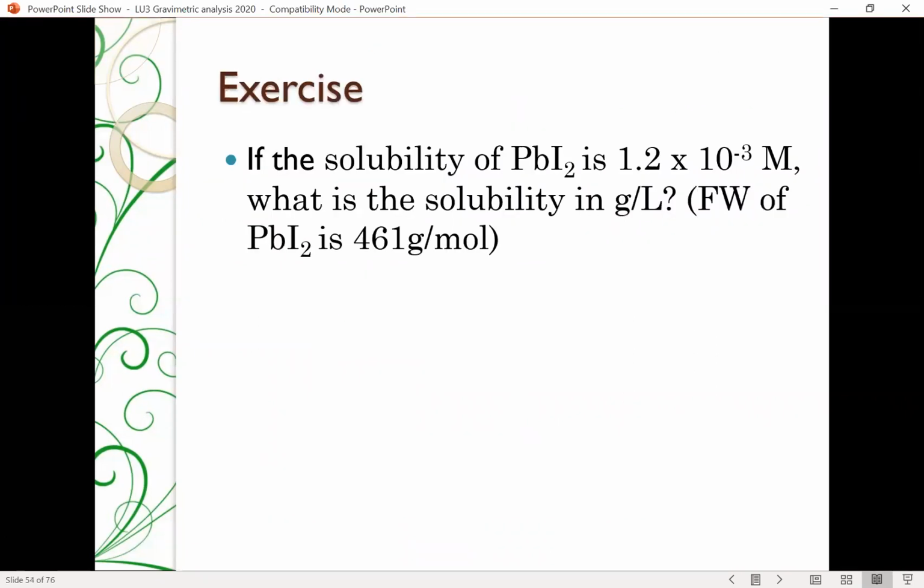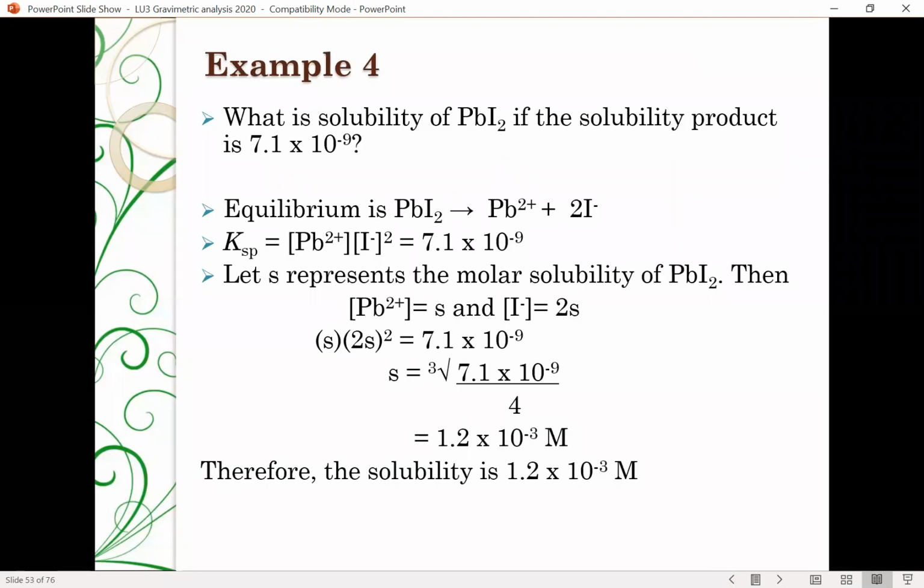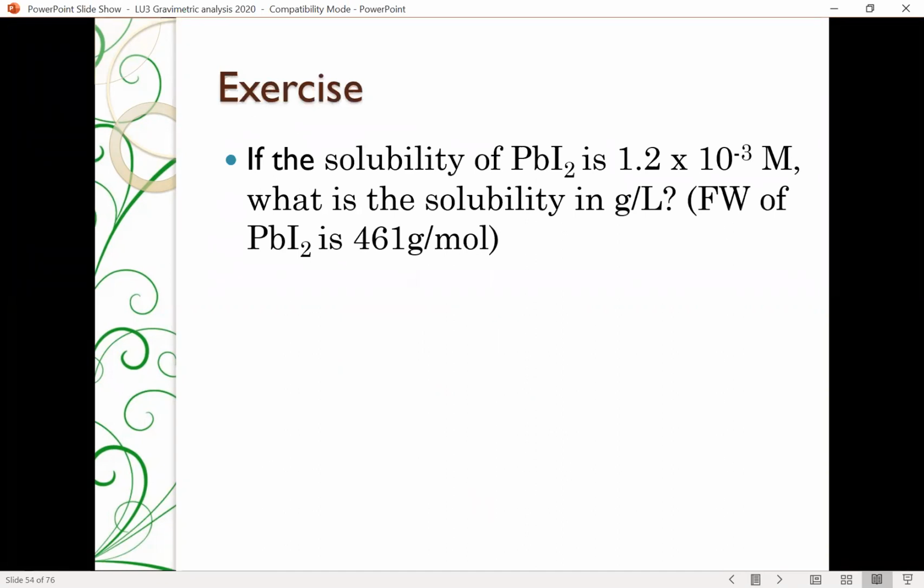Now we have another example. If the solubility of PbI2 is 1.2 times 10 to the power negative 3 molar, what is the solubility in gram per liter? So in this case, you are not going to do all this kind of calculation as we have previously discussed, but it is about the conversion of your unit from molarity to gram per liter.